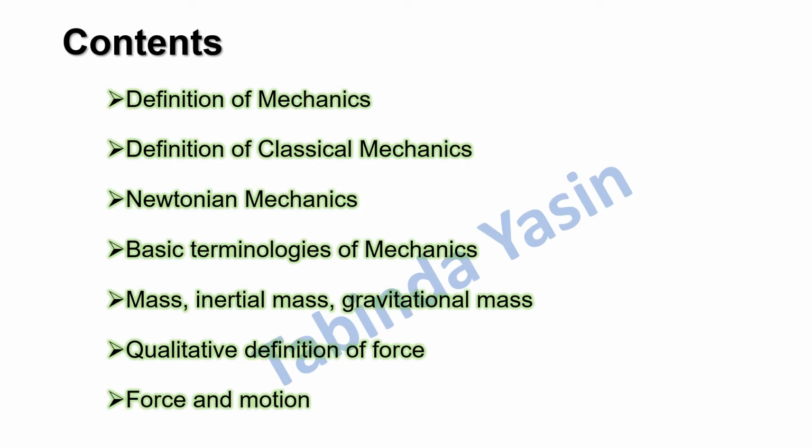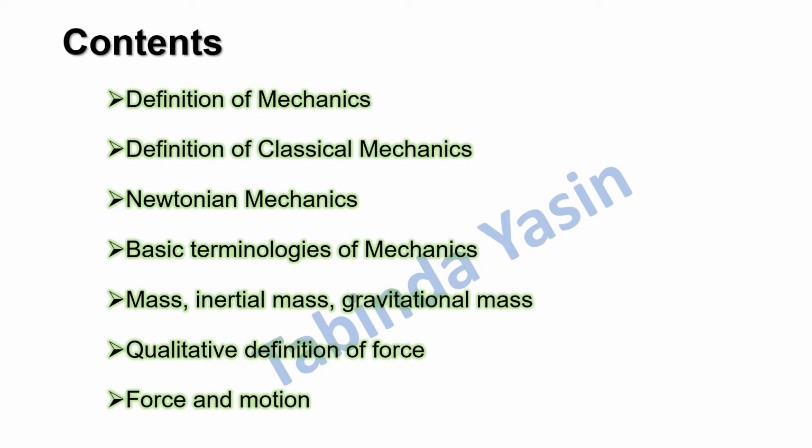Afterwards we will discuss classical mechanics, which, as I told you previously, is a very old branch of physics. Then we will discuss what Newtonian mechanics is. Then the terminologies used in mechanics will be discussed. Some definitions for mass, inertial mass, and gravitational mass will be discussed here, which have a relation with force.